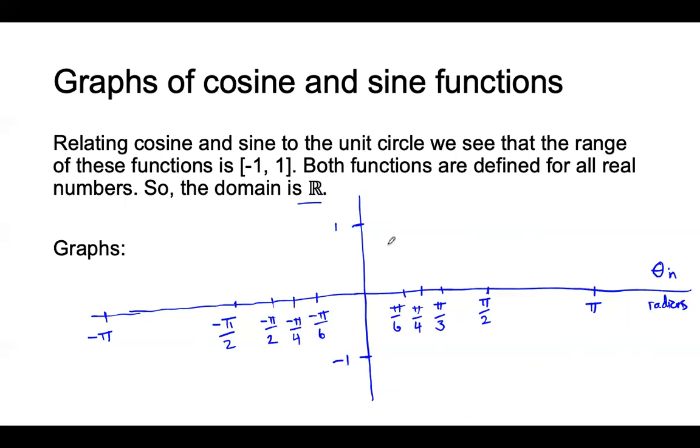So I'm just going to try to do this for you. So pi over 6 is a half. Going to kind of cheat. Oh. I should have not spaced them out so far.